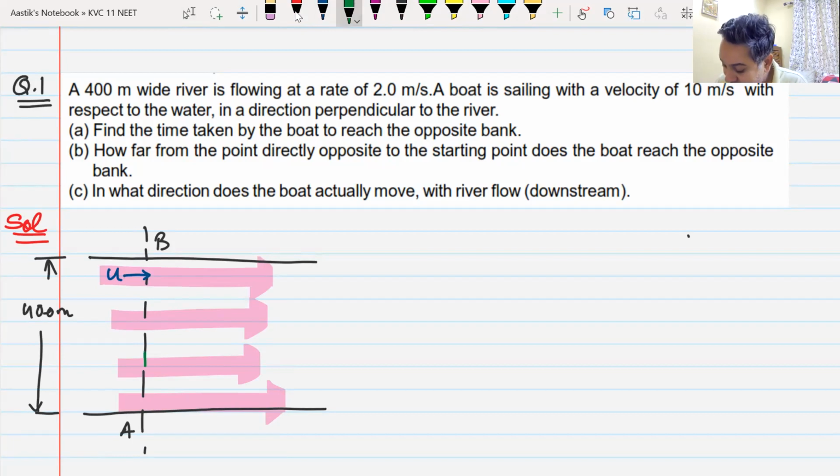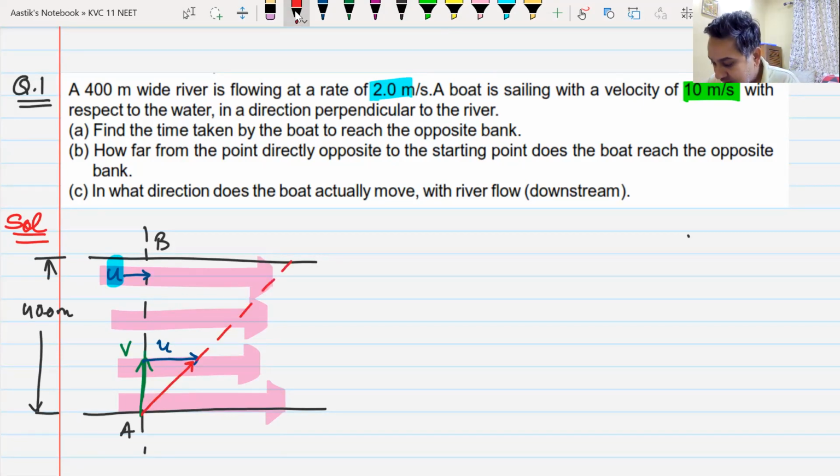He is swimming perpendicular, so he swims like this with a velocity v with respect to the river. This v is given as 10 meters per second, and this u is given as 2 meters per second. The velocity of the river adds like this, and he finally ends up at this point C. This is the distance that he drifts, x.